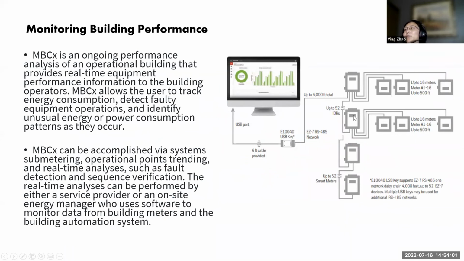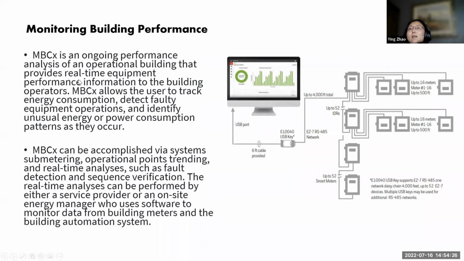Here's a picture: if you install different meters for different end uses, they go to central software like a building monitoring system, which shows charts to monitor the performance of the building.